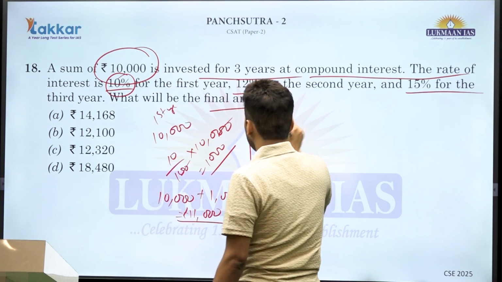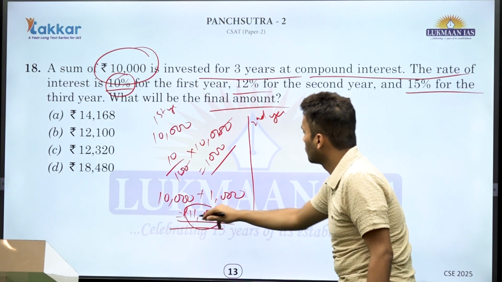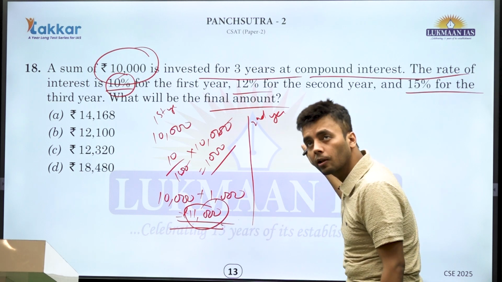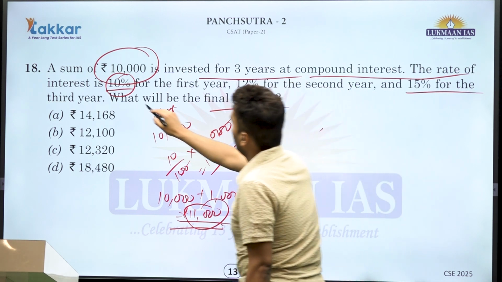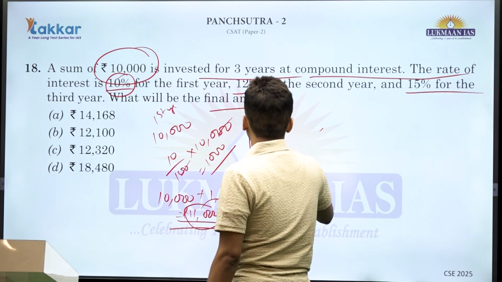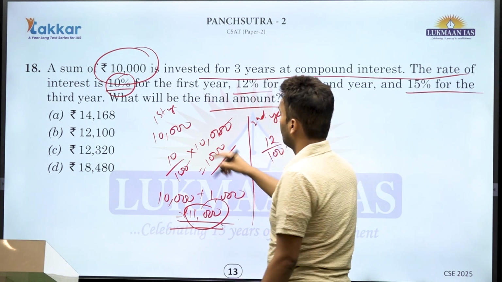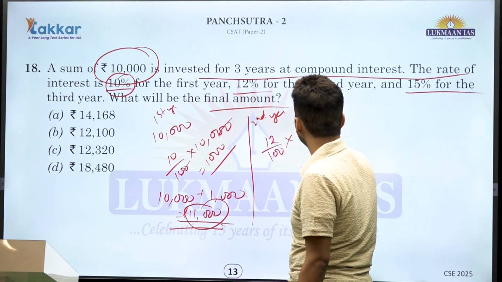Now let's move on to the second year. The new amount is 11,000, so we will use this as the base for the second year. 12% for this 11,000.